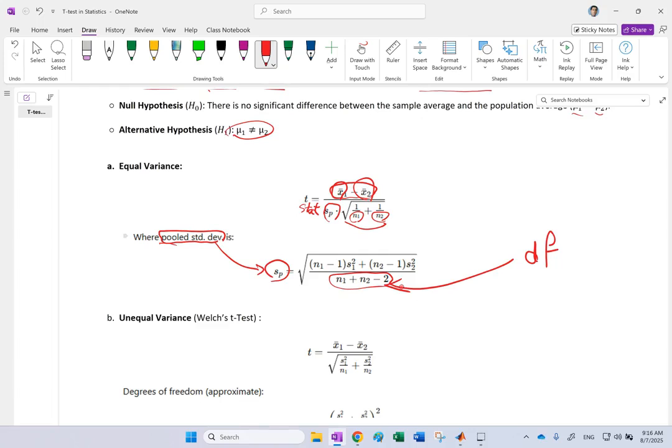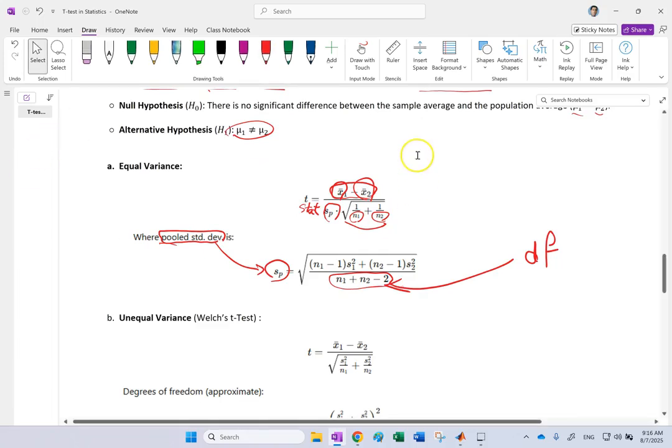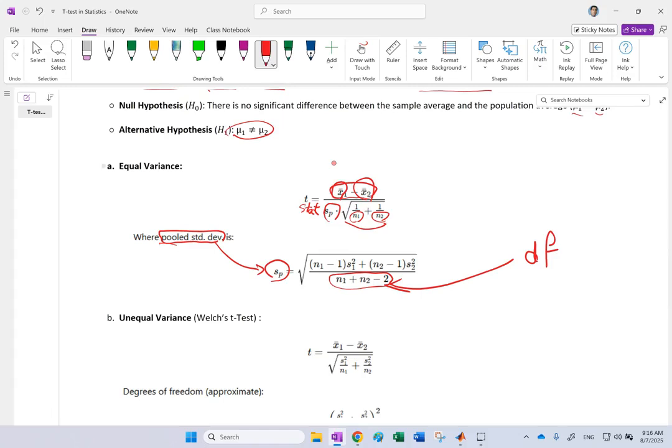And again, from t-stat and the t-critical that you find from the table, you can do your hypothesis testing. This is assuming that the variance of the two populations that these two samples are coming from are equal. So they are coming from populations that have equal variance.